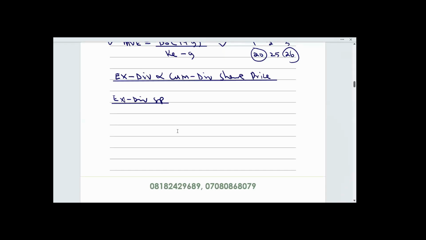The cum-div share price represents the share price that includes dividends. The ex-div share price represents the share price that excludes dividends.